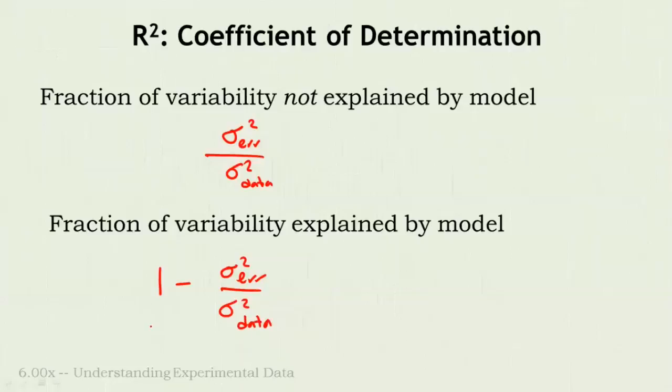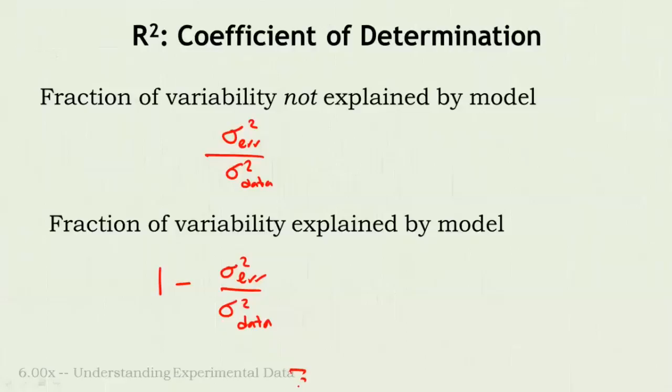This is a very useful measure. It gives us a sense of how well the model is explaining the observations. We hope the variance in the errors is small compared to the variance in the data, which means that we're explaining almost all the changes in the data that we see. We're able to predict them.